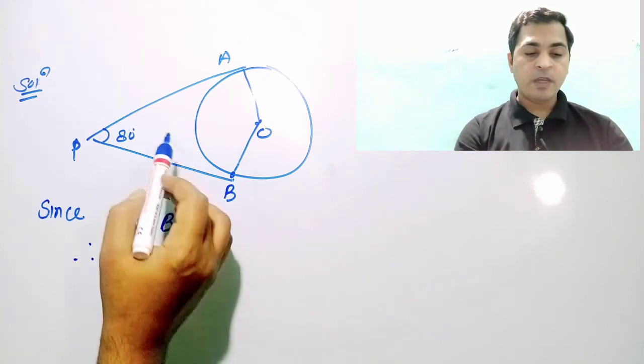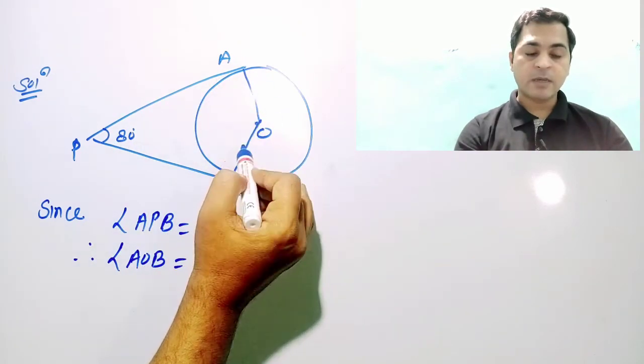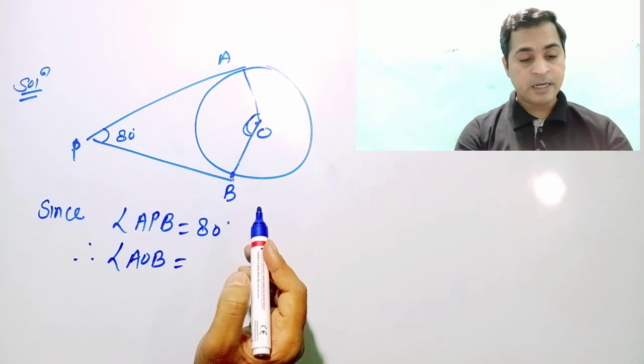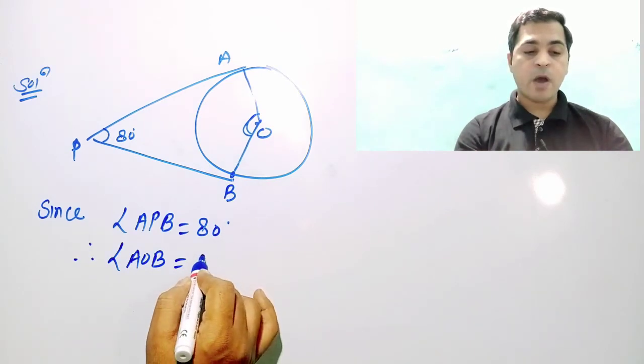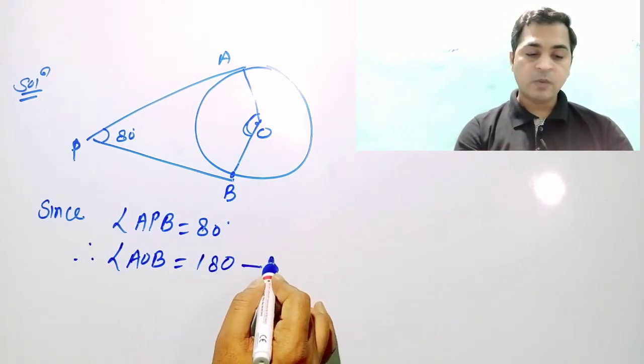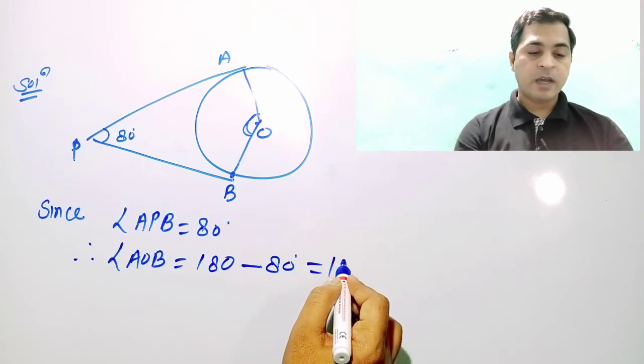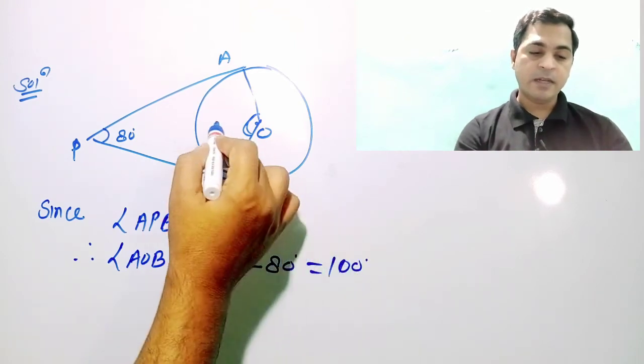So angle AOB will be what? 180 minus 80 degree, because we know that the sum of opposite angles is 180 degree. So angle AOB will be 100 degree, right, students?